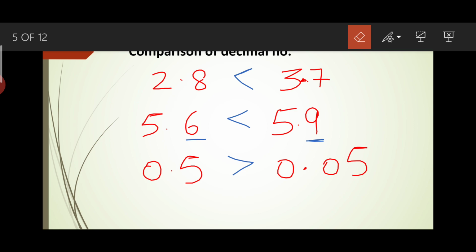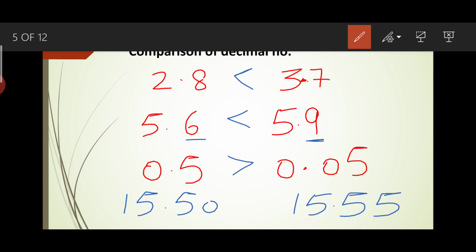Now moving on to the next example. If you have 15.50 and 15.55, what will you do in this case?